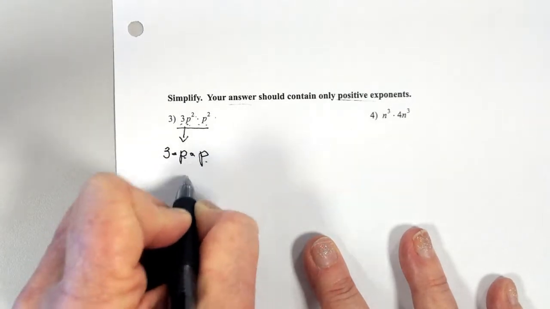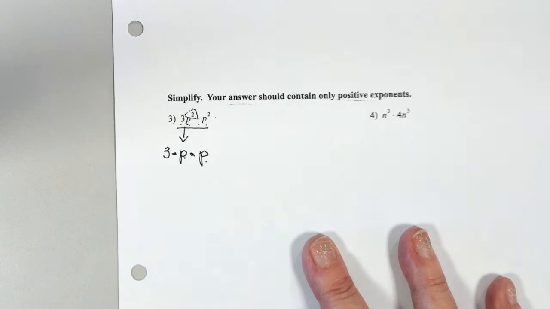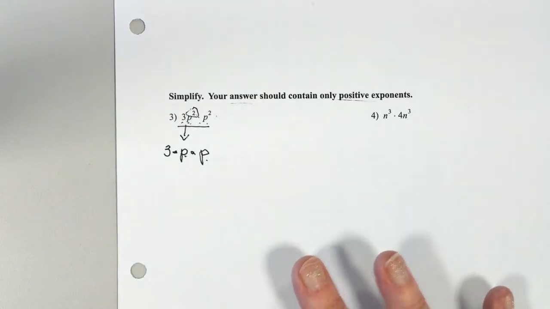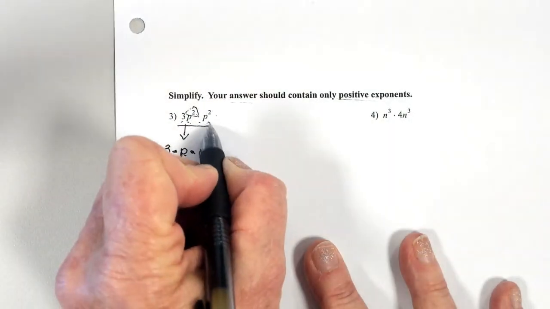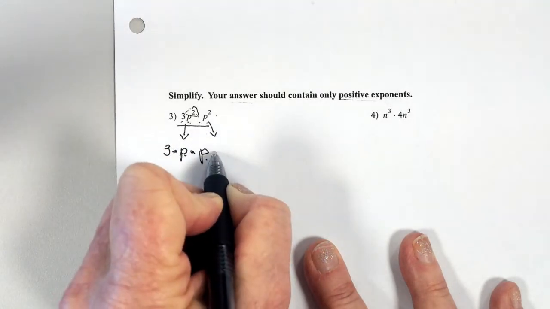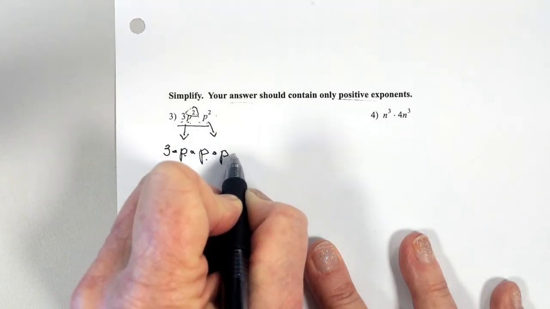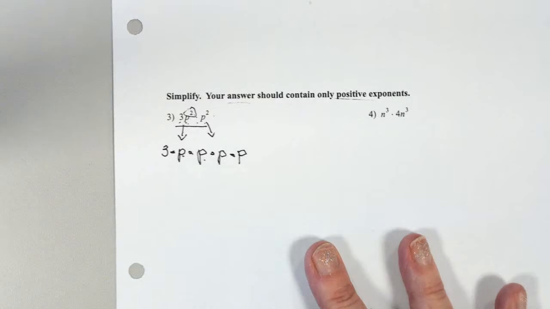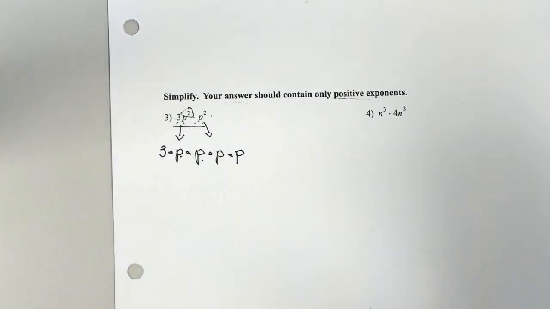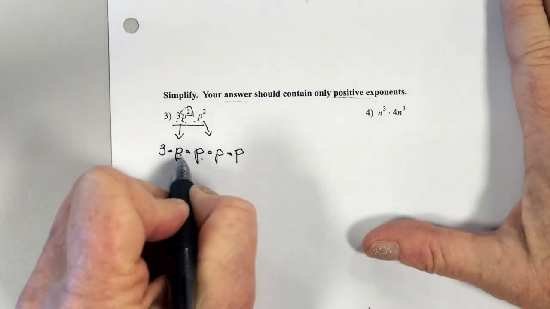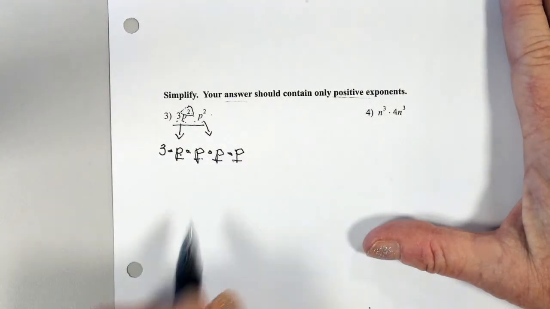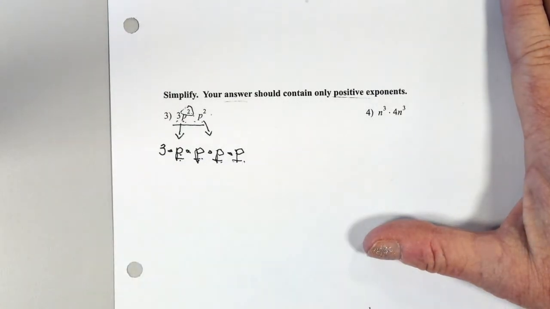Why did I write the p twice? I wrote the p twice because I've got an exponent of 2. So then I'm going to do the following right here. I'm going to multiply that by p times p. So now what do I do? I'm going to add up all the p's. 1, 2, 3, 4. I've got repeated multiplication.